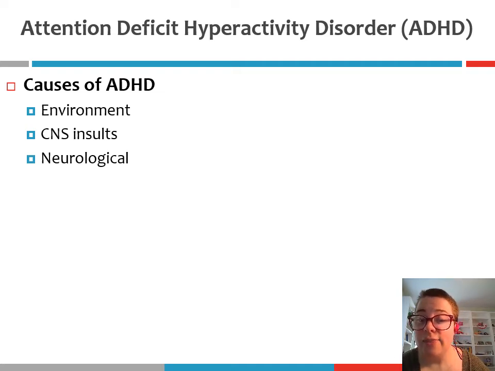Relatedly, there seem to be lower levels of certain types of neurotransmitters, most notably norepinephrine and dopamine, which again makes sense because these neurotransmitters are involved in feelings of euphoria and those pleasurable, rewarding experiences.